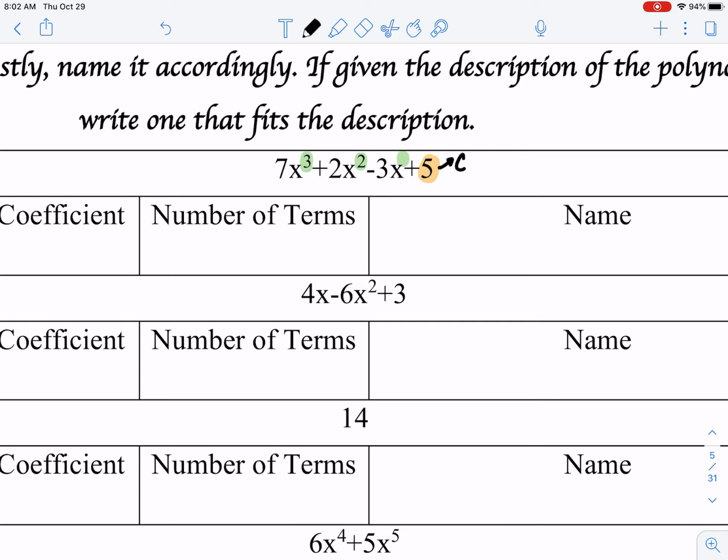So if I look at this polynomial, it starts at 3 to 2, and I don't see 1. So if you don't see 1, it's okay to put a 1, and then finish it off with my constant. So in terms of order it's written, it's good.